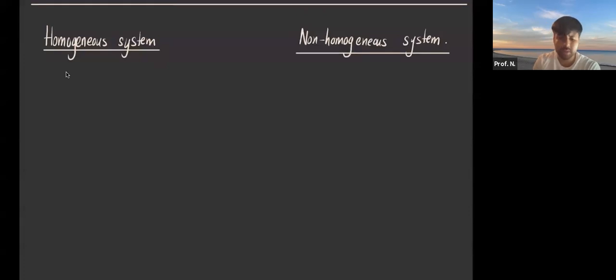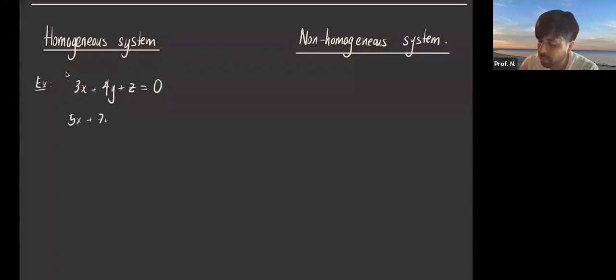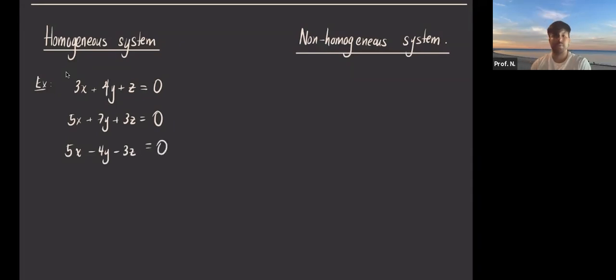It's very simple. A homogeneous system looks like this. So I'll give you an example of that. If I have 3x plus 4y plus z equals 0, 5x plus 7y plus 3z equals 0, and 5x minus 4y minus 3z equals 0.